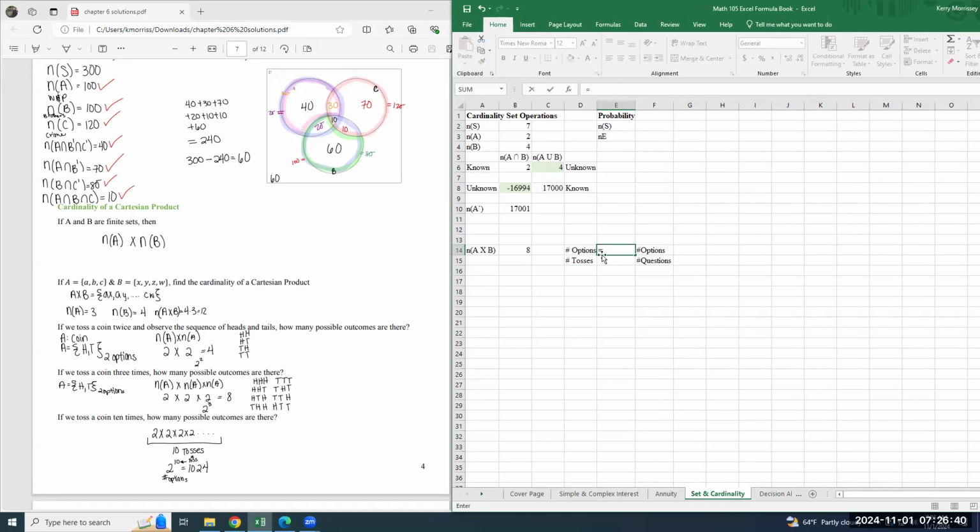Well, we have 2 options, and actually we don't need to do the equal sign. The number of options on a coin is either heads or tails. And the tosses here, well, the toss you can either do 2 times, 3 times, 10 times. Let's do 10 times. And so when it does the outcome, we're going to take the number of options here and raise it to the number of tosses. So we should get 1,024.